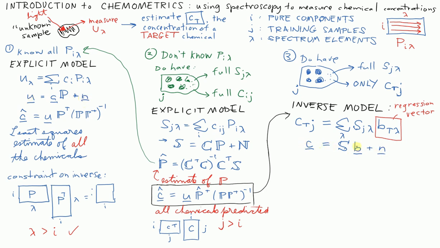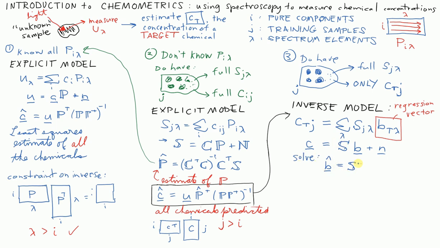Okay, so if I solve this for B, I'm going to get the estimate of this regression vector B. The math works out. Do the same trick of multiplying this S by an S transpose on the left. Same sort of game we've been playing all along.